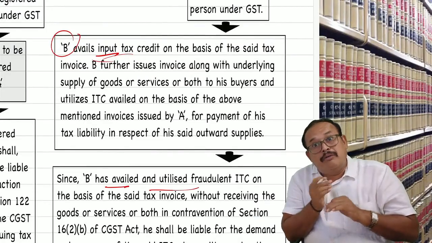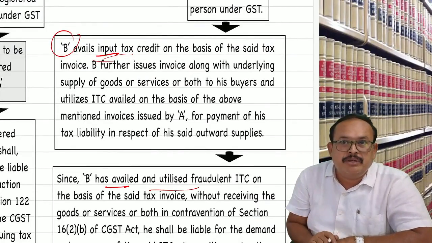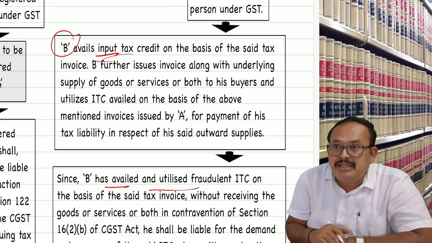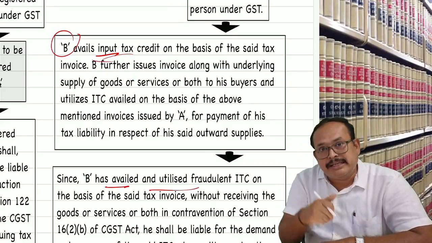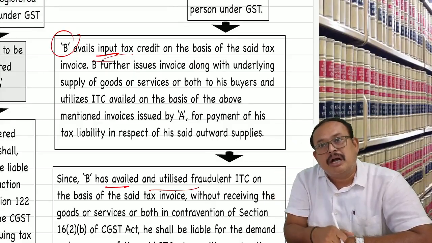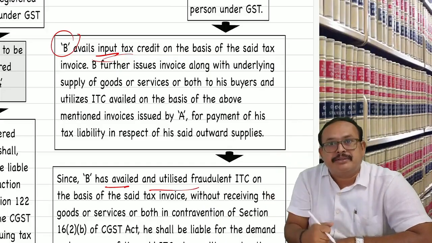Oh, availed and utilized. Oh, very big fraud, guys. B availed and utilized. It is a fraud only, no? How dare you take the credit without receiving the goods? Wrongly taken. How dare you utilize that credit? It's an offense.